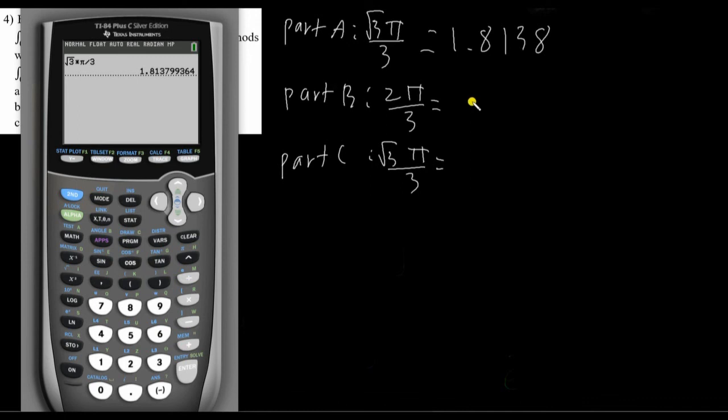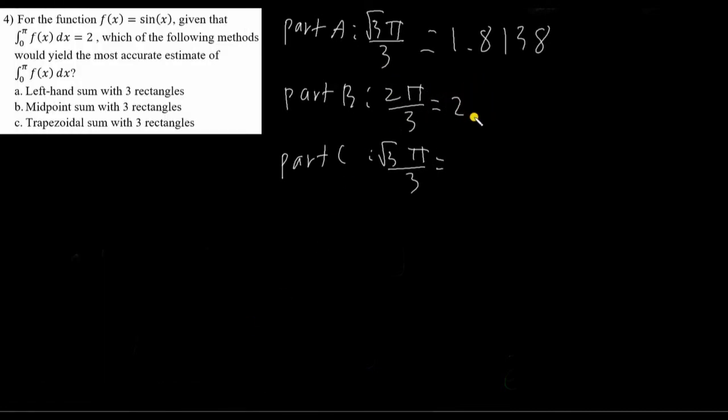And then part B is 2 pi over 3, which is 2.0944. And then part C, well, we already said it's 1.8138.